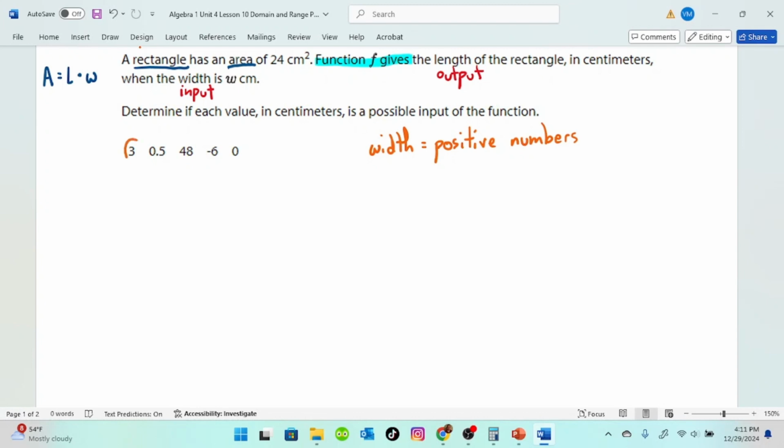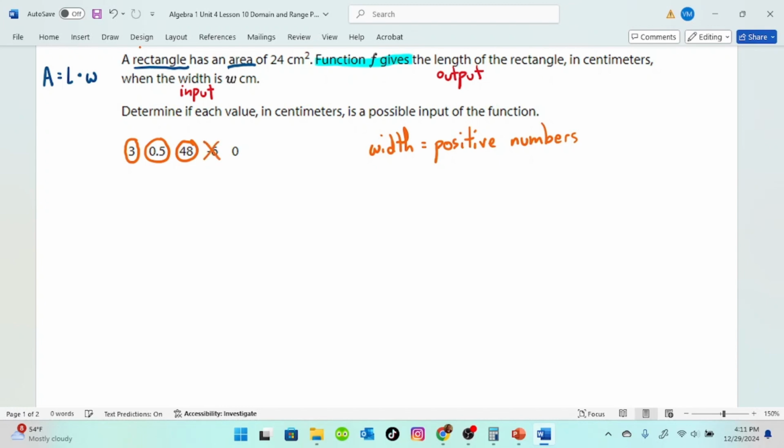So now we start looking through these. 3 is a positive number. That could be the width. 0.5 is a positive number. That could also be the width of a rectangle. 48 is also a positive number and could be the width of a rectangle. -6 could not.